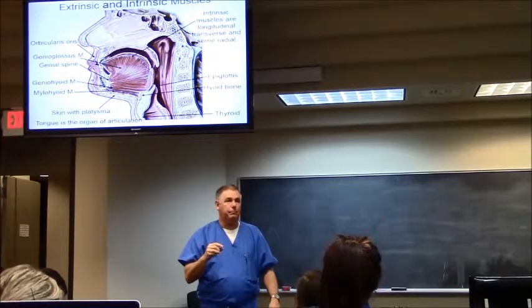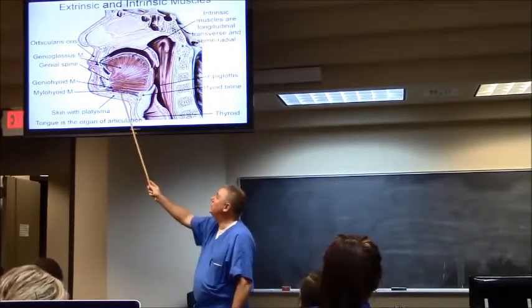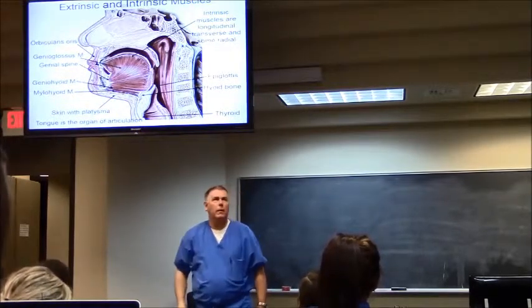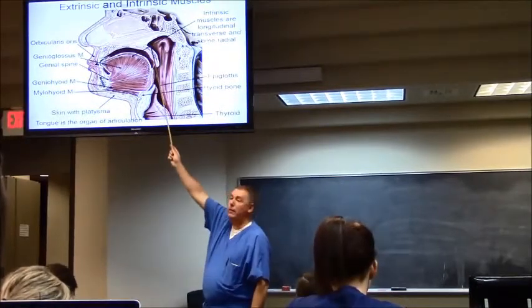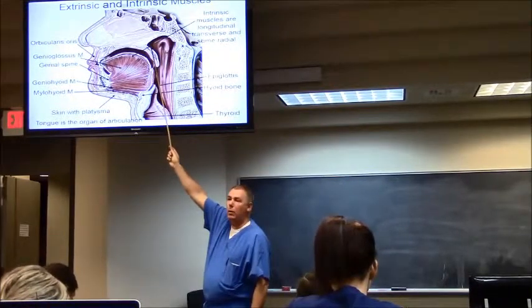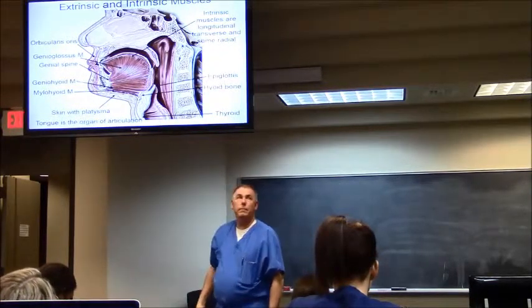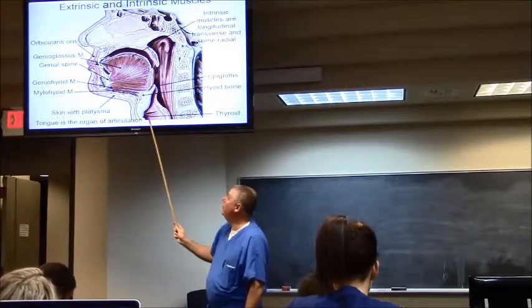Okay? All right. Inferior to the genioglossus is the geniohyoid, and below that's the mylohyoid. What's that opening into the back of the nasal cavity? The choanal. That's the choanal. This would be the opening into the trachea.